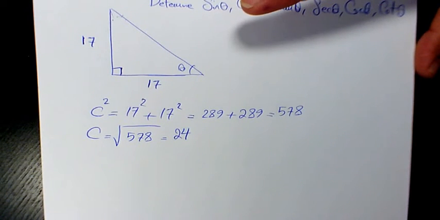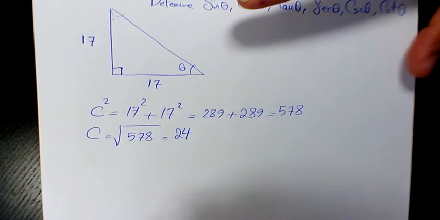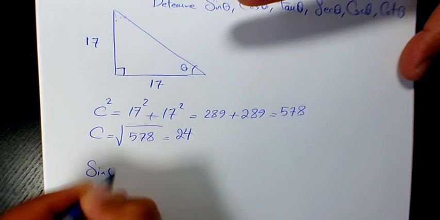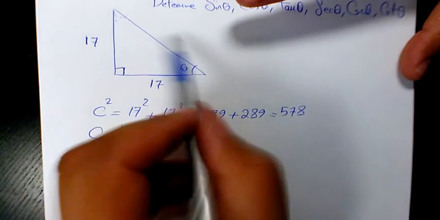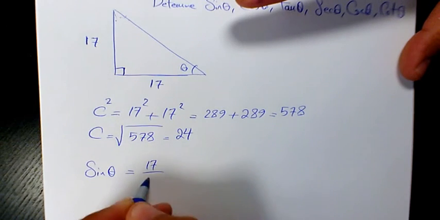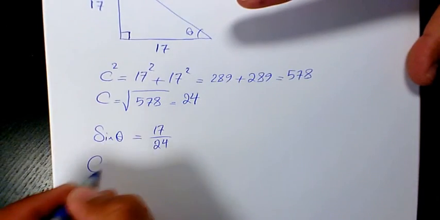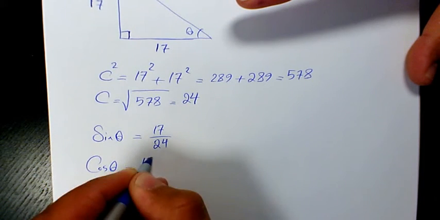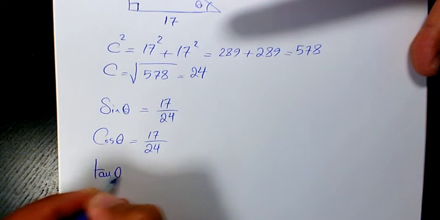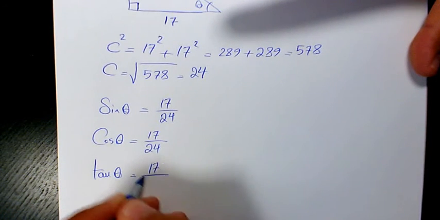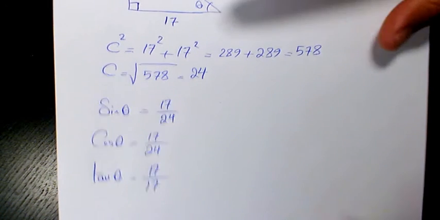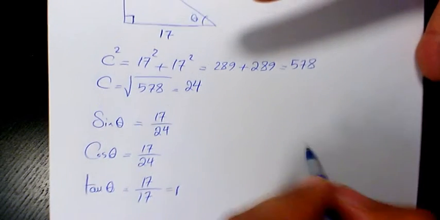Now we can say sine theta equals to opposite divided by hypotenuse. Cosine is going to be the same thing. Tan theta is opposite over adjacent, so which is going to be 1.